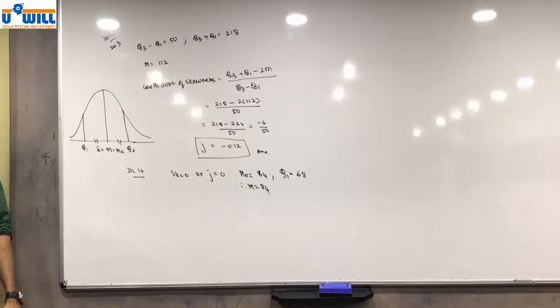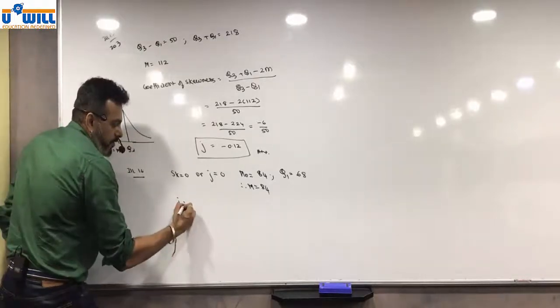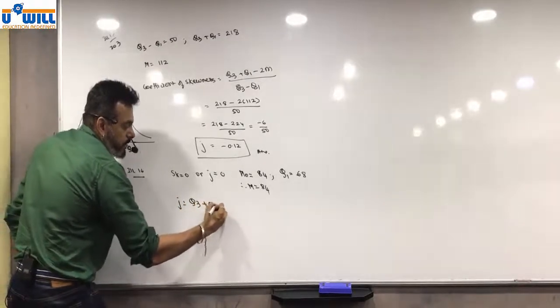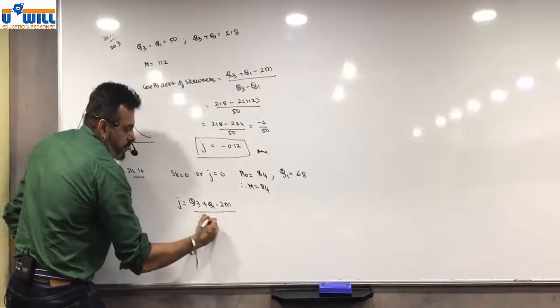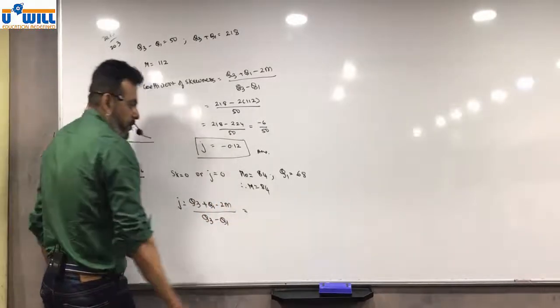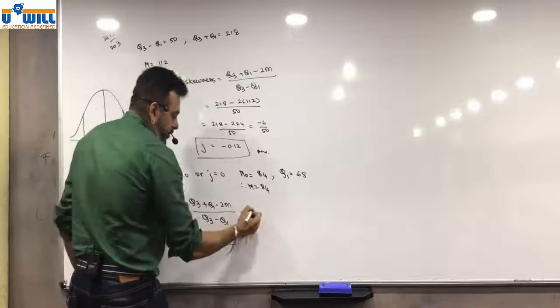Understood this? Okay. Now J is equal to Q3 plus Q1 minus 2M upon Q3 minus Q1, which is equal to 0. Q3 is what we have to find out.